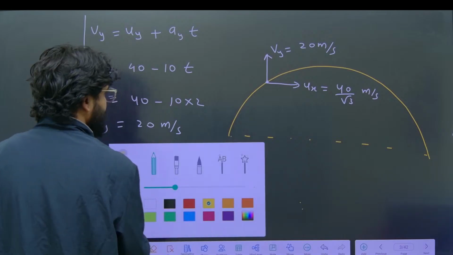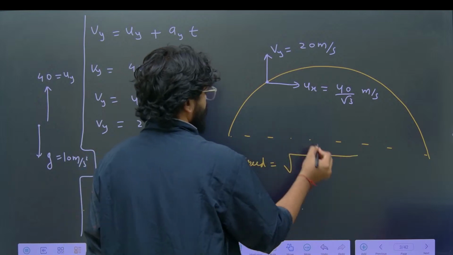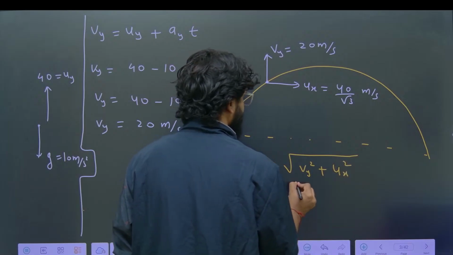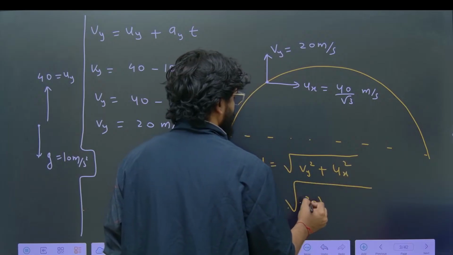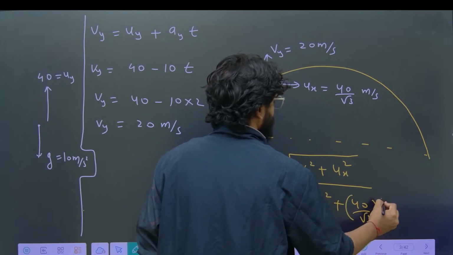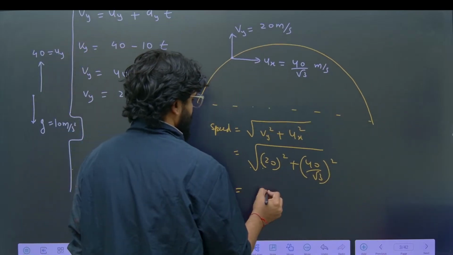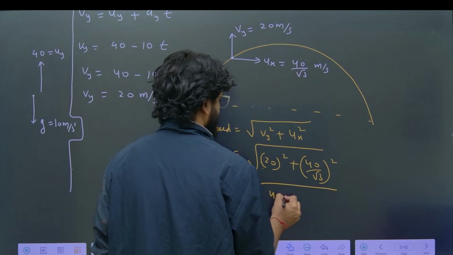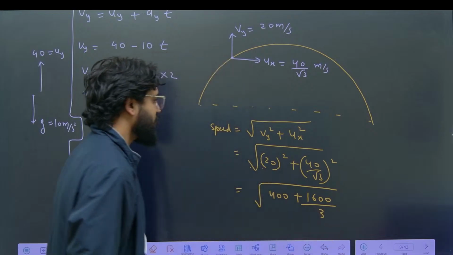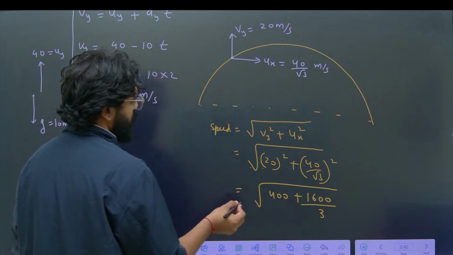So the speed will be under root Vy square plus ux square, and easily we can calculate it. Yes or no? Correct. 20 square plus (40 by root 3) square. So let's quickly calculate it. How much will that be? 400 plus 1600 upon 3.